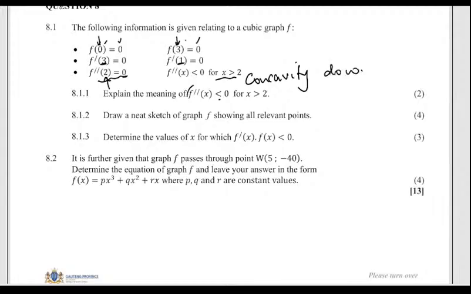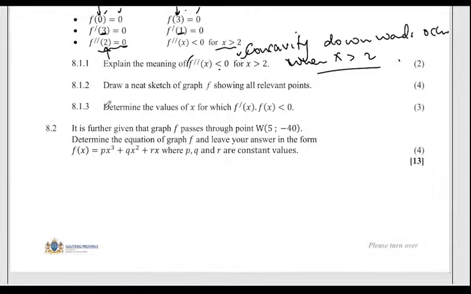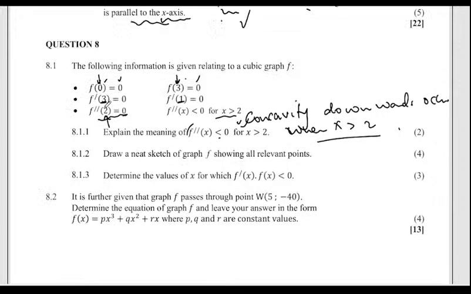Concavity downwards occurs when x is greater than 2. Literally, that is what they're asking for. Where we see explain, you must write a statement. All right, then 8.1.2, draw the sketch of the graph f showing all the relevant points.